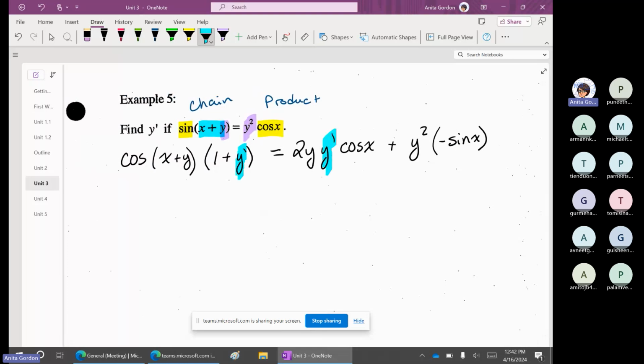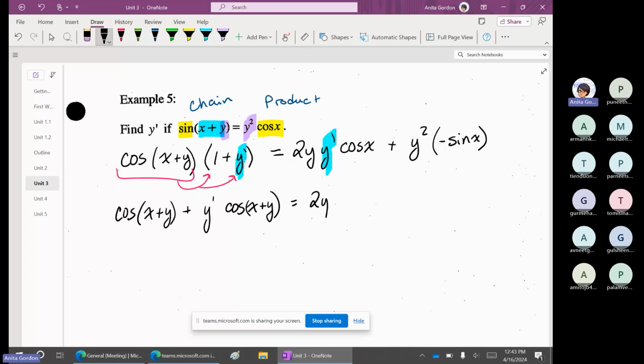Notice my y prime is stuck in a bracket on the right side, so I'm going to distribute the cosine. So this is going to be cos(x+y) plus y prime cos(x+y) equals, can I simplify this side?